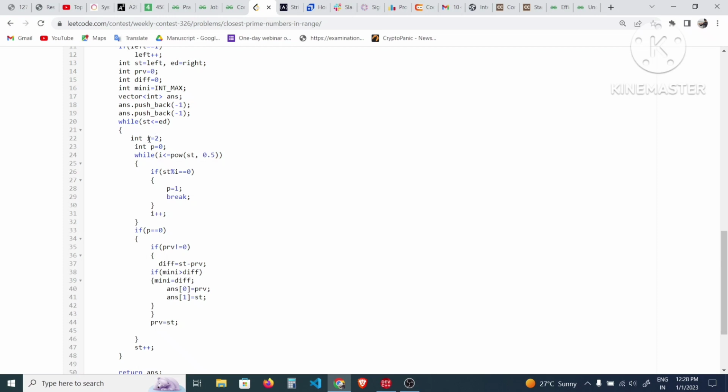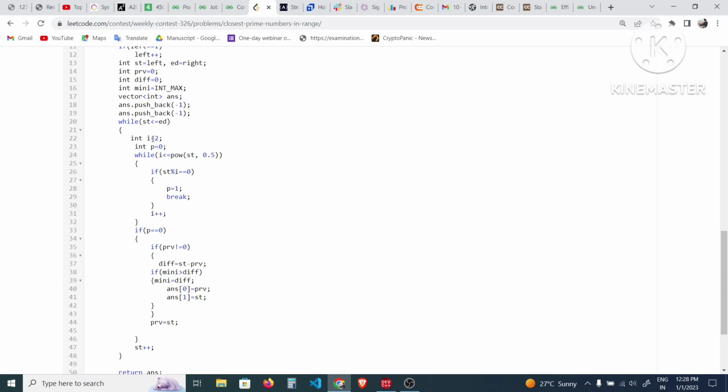Then I have taken int i equal to 2 and int p equal to 0. Basically I took p for checking whether the number that is in st is a prime or not. Okay, if it is not a prime, then I will make p equal to 1. If it is a prime, then it will be 0 only.